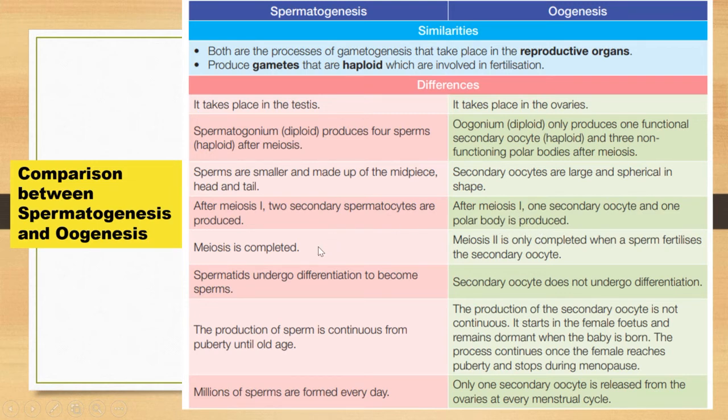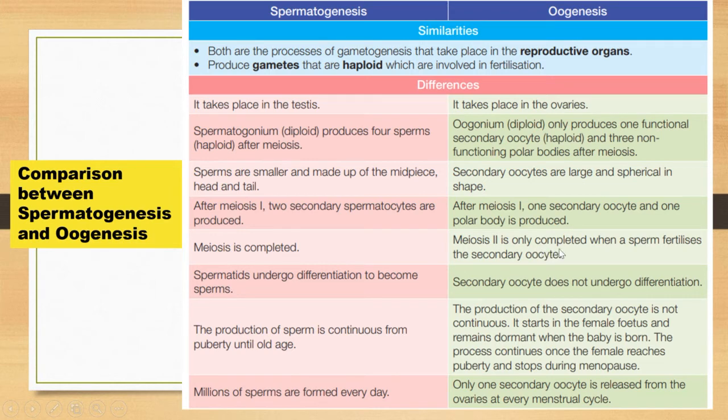Then the next difference. In spermatogenesis, meiosis is completed, whereas in oogenesis, meiosis 2 is only completed when a sperm penetrates the secondary oocyte.